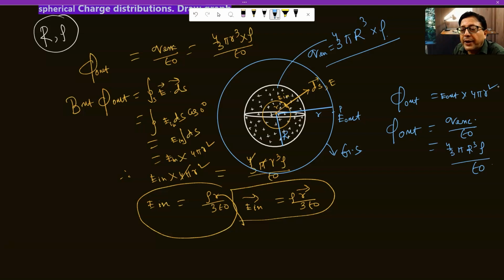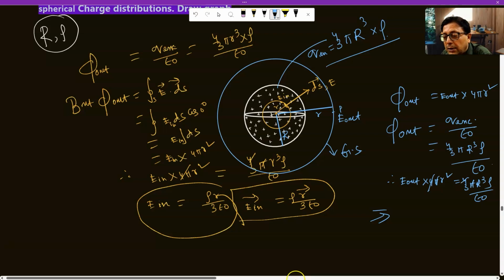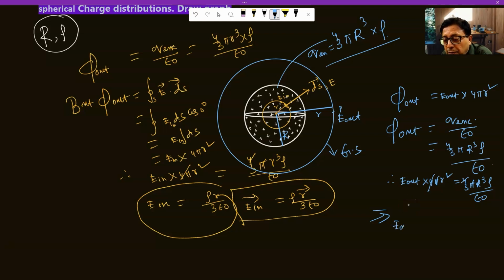Clear? Just compare these two. So E out into 4 pi r square equals 4/3 pi R cube rho by epsilon naught. So 4 pi gets cancelled, and E out will be rho R cube by 3 epsilon naught r square. This is the field outside.